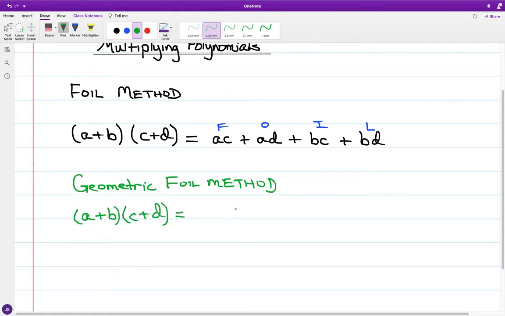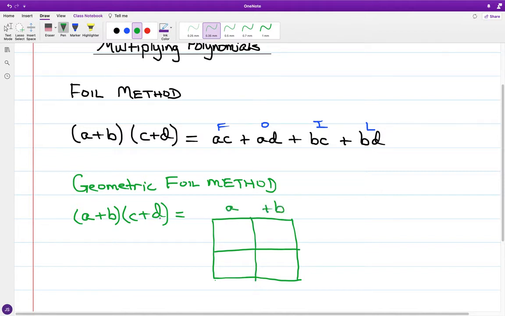If you set up a bit of a matrix, it really doesn't matter which pairing you have as the row headings or the column headings. Say for a plus b, we'll let these terms be the column headings, and c plus d be the row headings. But you could reverse the row and the column headings.